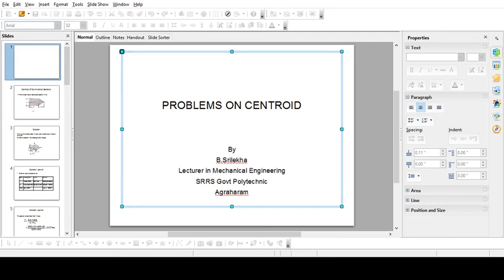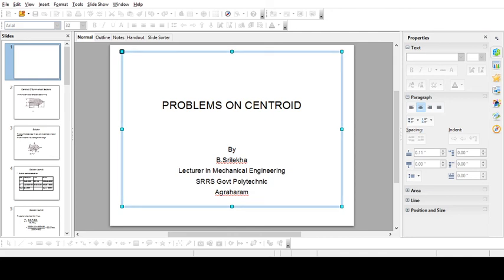So in today's class we have discussed the centroid. The centroid is the point at which the whole area of the figure is assumed to be concentrated. Now the centroid of a body constituting different areas can be given by x bar is equal to a1 x1 plus a2 x2 plus a3 x3 by a1 plus a2 plus a3 and so on.